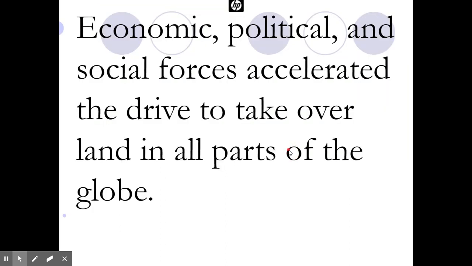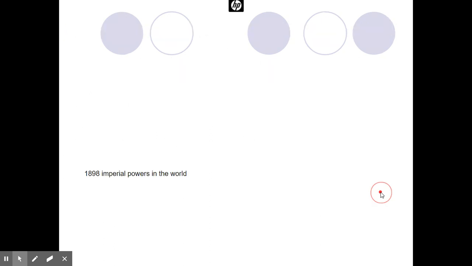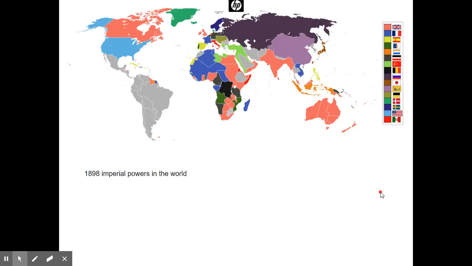So it's economic, political, and social forces that accelerated the drive to take over land in all parts of the globe, and that's imperialism. Now, here's a map of the world showing the imperial powers in 1898. Notice all this land in Africa is taken over. The blue is the French. The land in pink in Africa is the British.